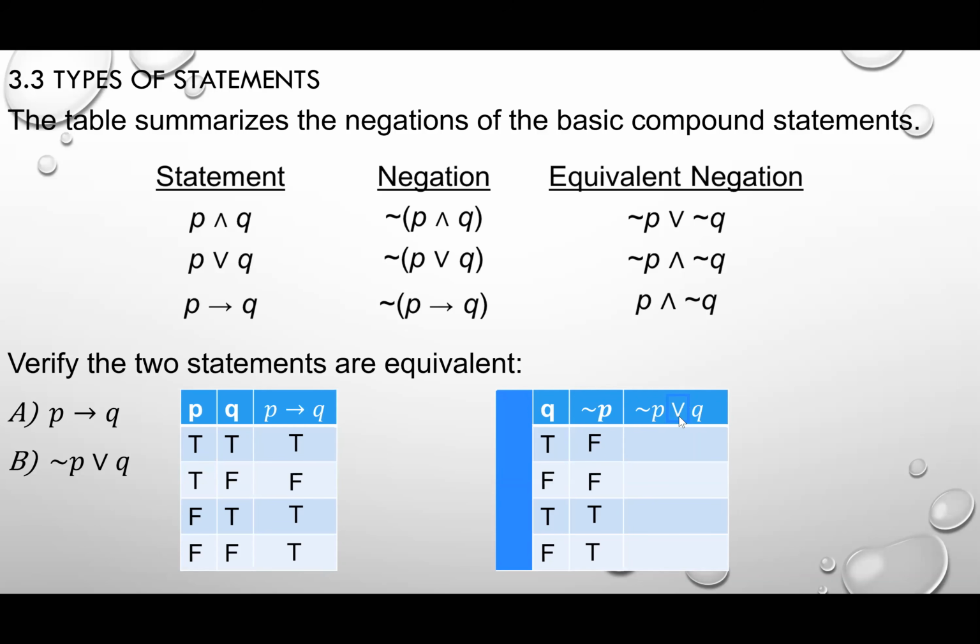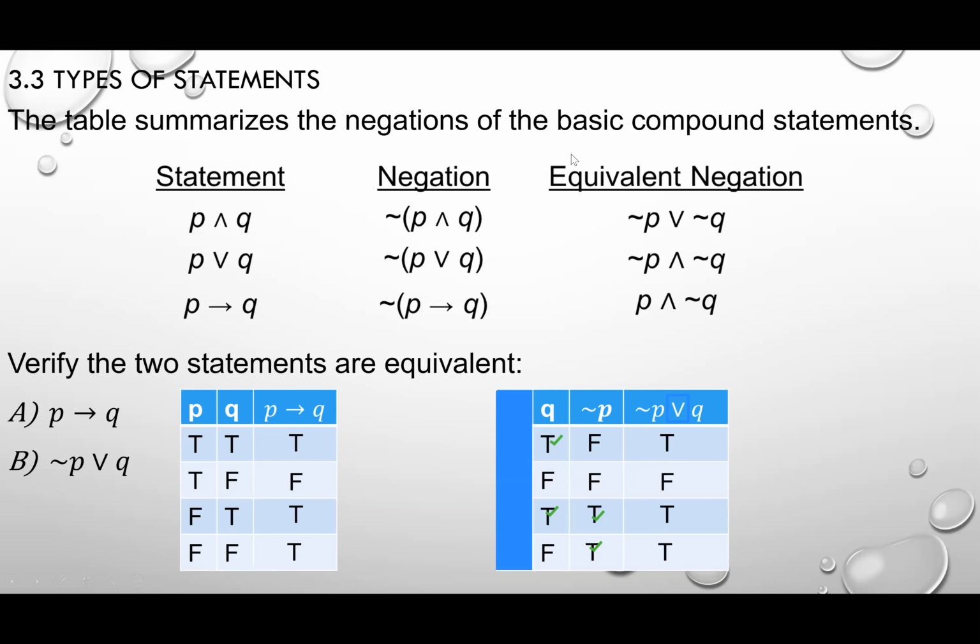Because it's the or statement, in order to be true, as long as one of them is true, it doesn't matter which one, the result is true. I don't see a true here, so that's false. I see a true here, I see a true here, so the result is true.